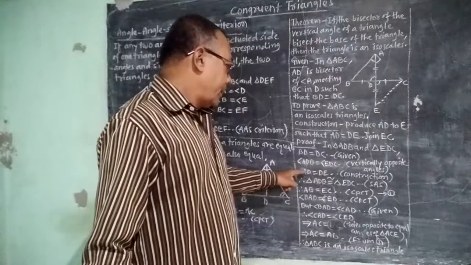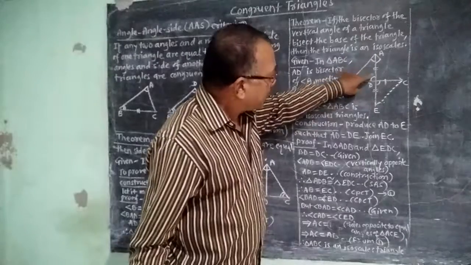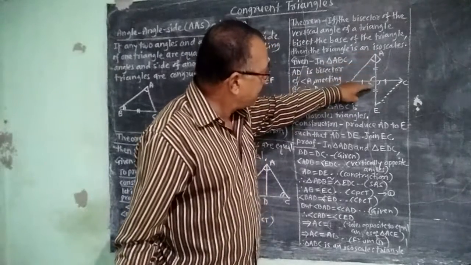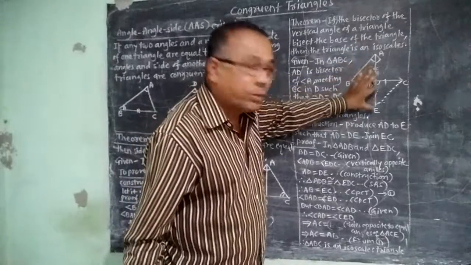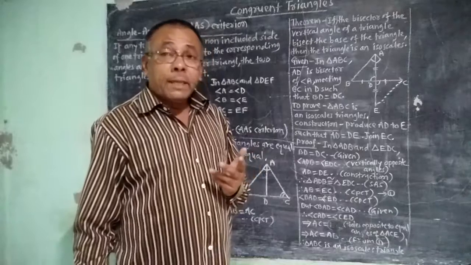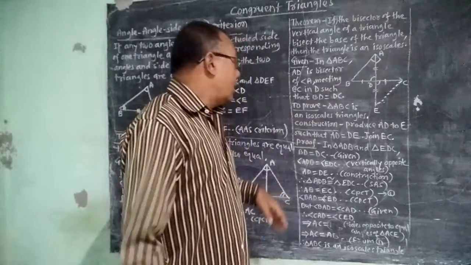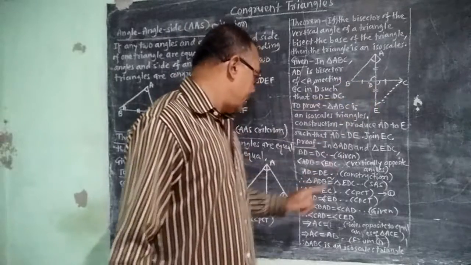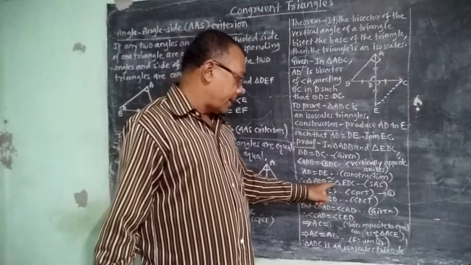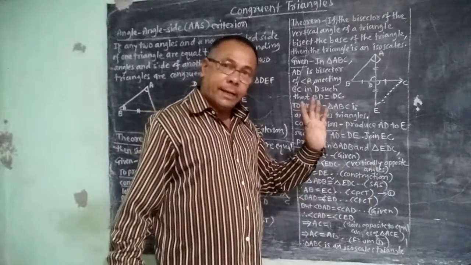And again AD is equal to DE, that is the construction we have done here, means AD is produced to E such that AD equals DE. So according to the SAS criteria we get these two triangles congruent. So triangle ADB is congruent to triangle EDC according to SAS criteria.